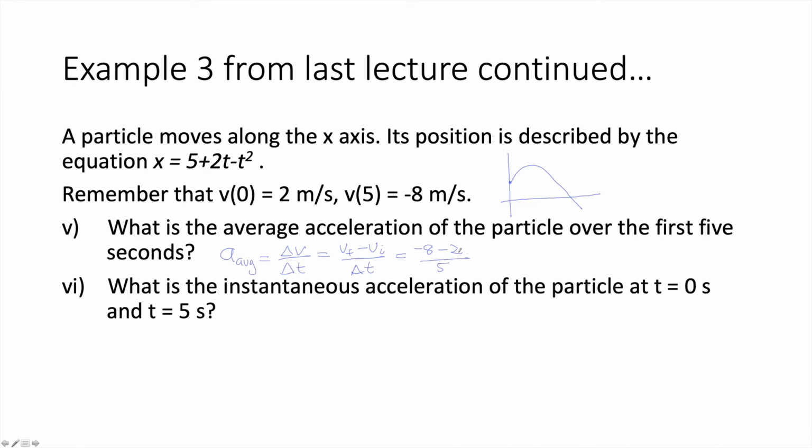So this is equal to minus 10 divided by 5, which is minus 2 meters per second. And acceleration is a vector as well, so the negative shows that it's going in the negative x direction.